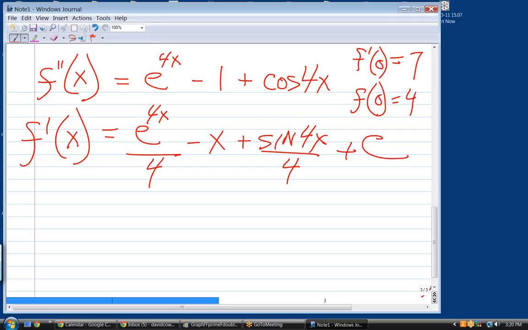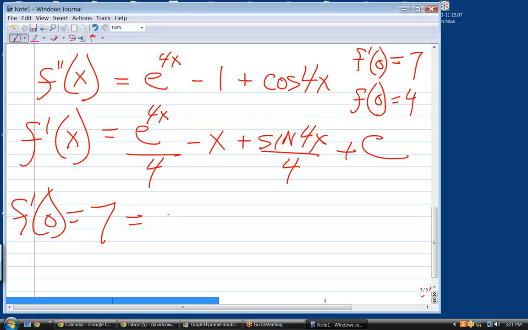Then do you plug in the 0 for the x's? Uh-huh. Tell me what the next line I should write is. It would be e to the 0. Hold on. It's equal to 7. So, in other words, f prime of 0 is equal to 7. So it's 7 that's equal to everything on the right side of the equation with 0 plugged in for x.